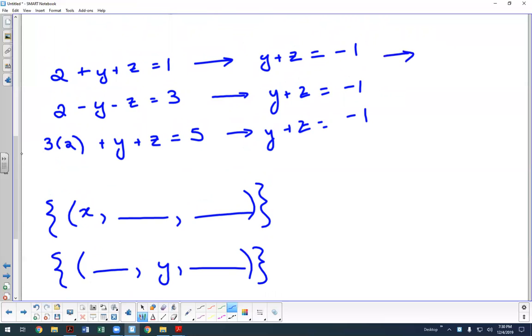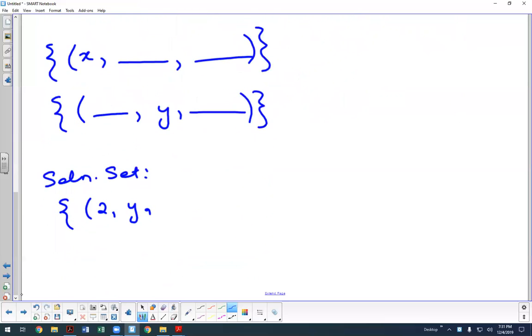If I get z by itself on one side, that means we are doing -1 minus y, and that'll be the same no matter which format you go with. So if they want our equation in terms of y, then you are writing z in terms of y.